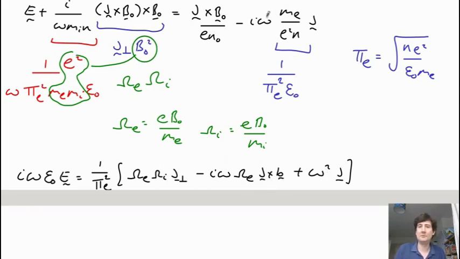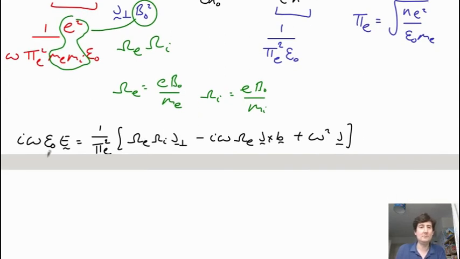And then we've multiplied through by omega everywhere, so we have an omega squared j. Now we have an expression which has the electric field on the left and essentially current on the right hand side. So this is essentially what we're looking for. This is a conductivity tensor, rearranged slightly.